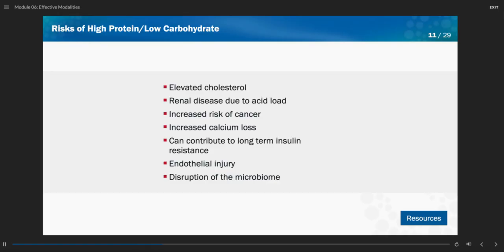There's an increased risk of cancer associated with especially processed and red meat, and increased calcium loss due to the acid load, with calcium utilized as a buffer in the body. We've seen that high-protein diets can contribute to long-term insulin resistance, endothelial injury, and disrupt the microbiome, which is one of the primary supporters of the immune system.